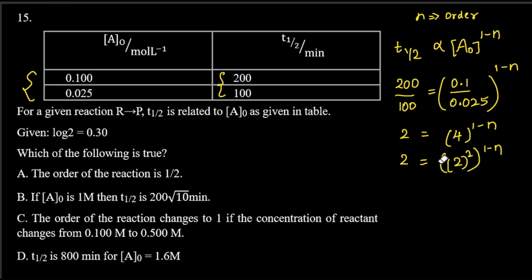So you have to multiply the powers. So this will become 2 power 2 into 1 minus N. So the base is same, so we can equate the powers. Here you have 2 power 1.